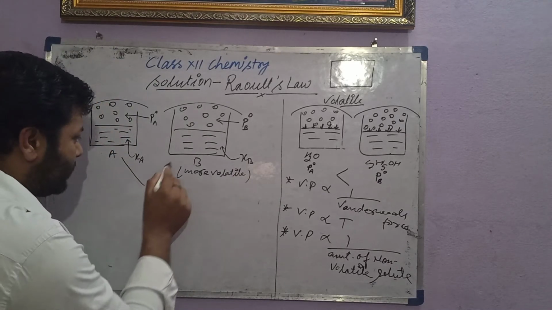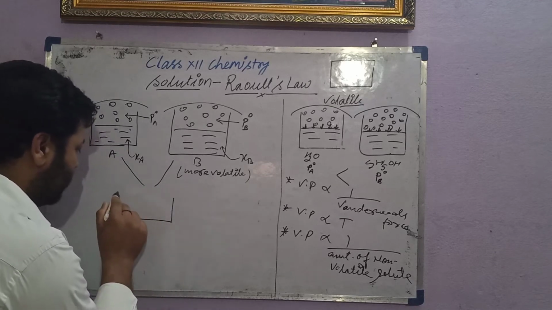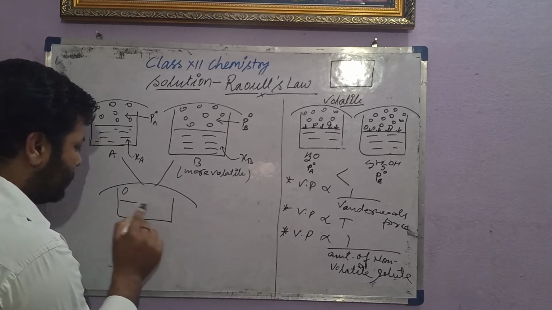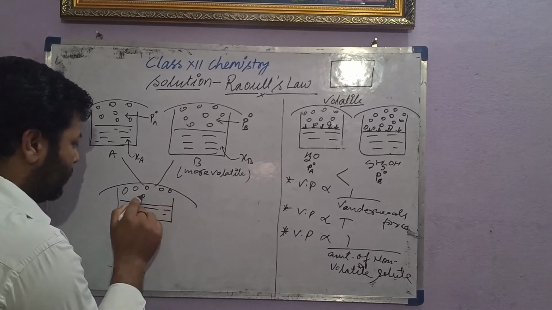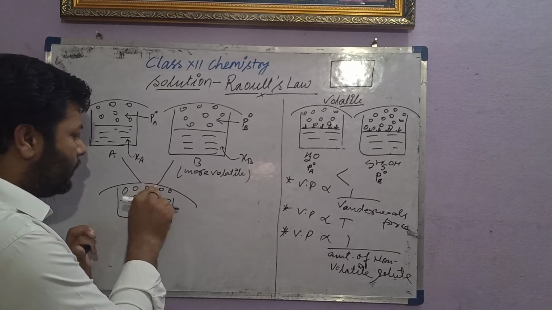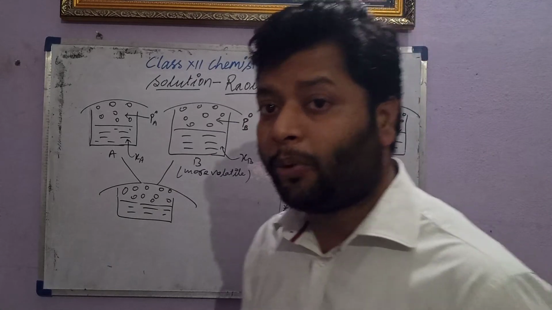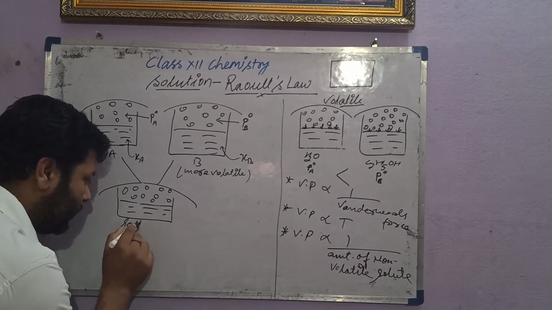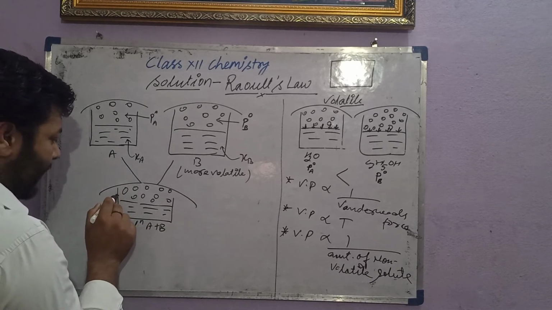When these two liquids are mixed together, one solution is formed, in which the vapors created by the solution must contain the vapor of both the liquids, because the solution has both the components now.